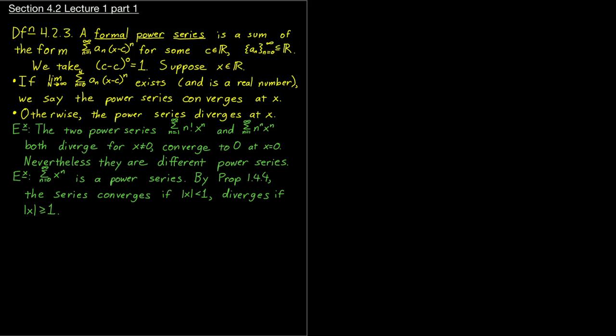And it turns out that if you're given a power series, you're always going to have a result something like this. That there's always going to be some number where the series converges as x is close enough to the base point, which in this case is 0. And let's write this as a proposition.